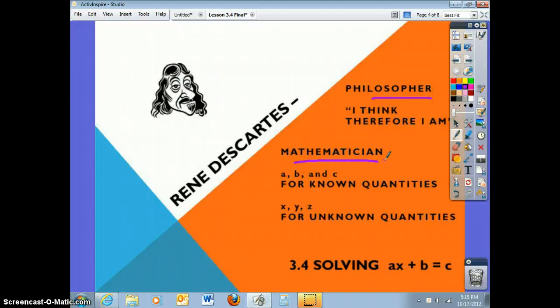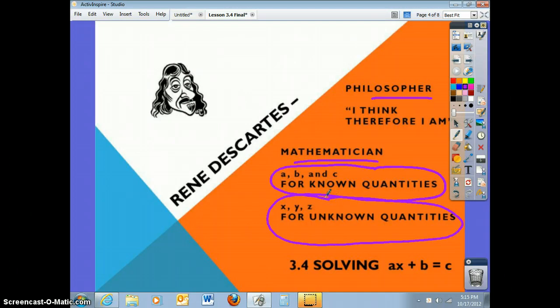But we're going to talk about his contribution to mathematics, because in algebra, he's the one who said, you know what? Algebra is a language, math is a language, and from now on, we're going to use A, B, and C when we mean known quantities, and we're going to use X, Y, and Z when we mean unknown quantities.